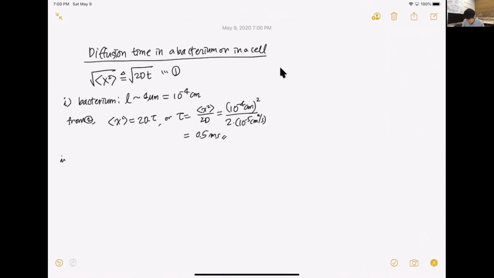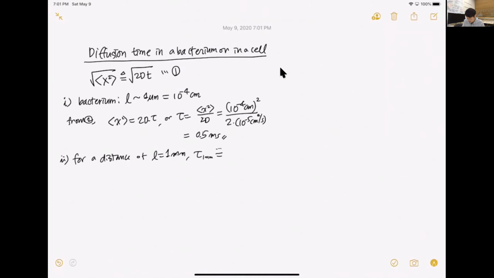So second, as an example, for a distance of L equals 1 millimeter. 1 millimeter is tiny, but for cellular aspects, it can be pretty big. Then let's say τ for 1 millimeter.